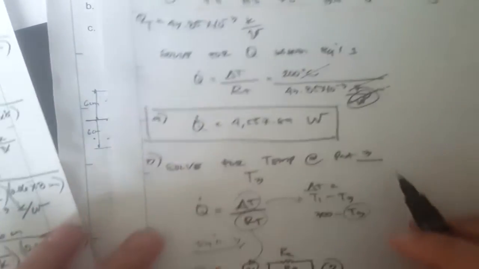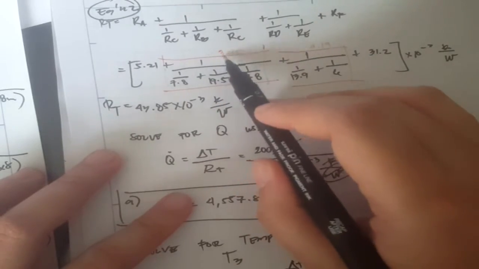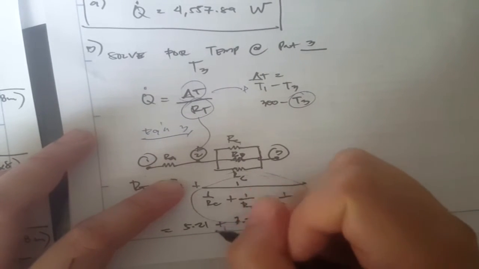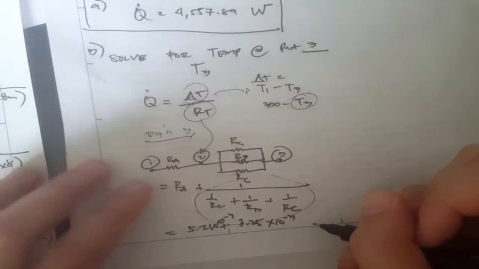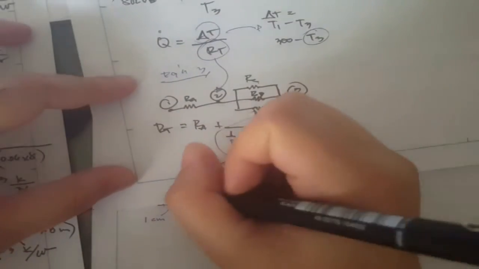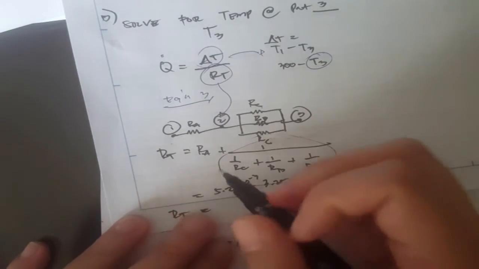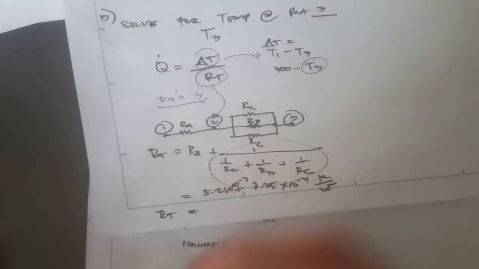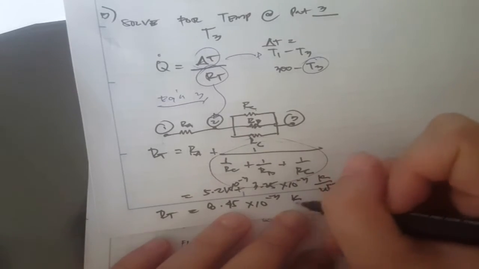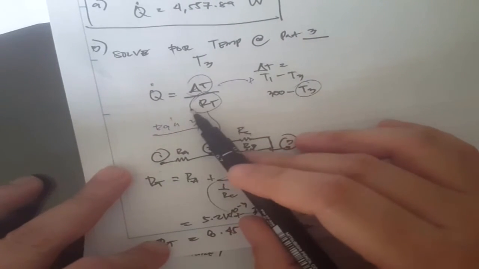This total resistance here is just 3.25 times 10 to the negative 3 K per W. So our RT here is just equal to 8.45 times 10 to the negative 3 K per W. Since we already know the value of our RT, we can now substitute it in our equation 3.